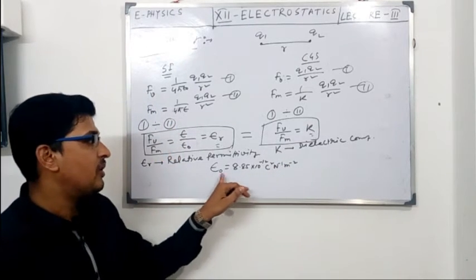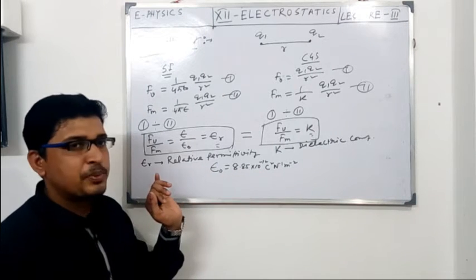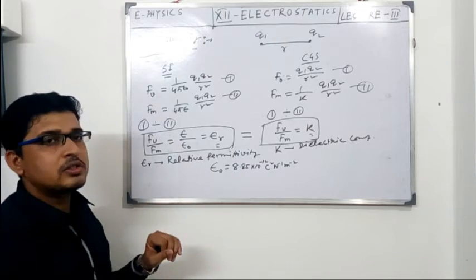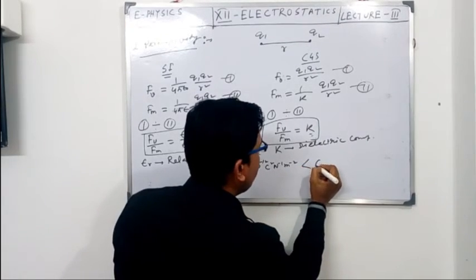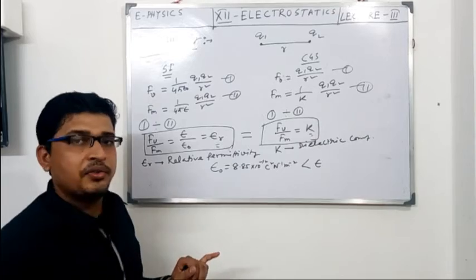This is the value of permittivity. And free space में permittivity का जो value होता है वो सबसे कम होता है. So in any other medium permittivity having the value greater than the free space.